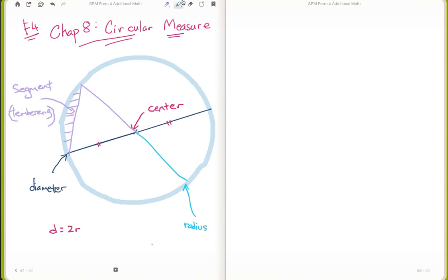A smaller region, or maybe I put it shaded. This smaller region is called segment. Whereas the bigger region, this whole region, a bigger one, going to the center, up to here, this big area, just like a pie.